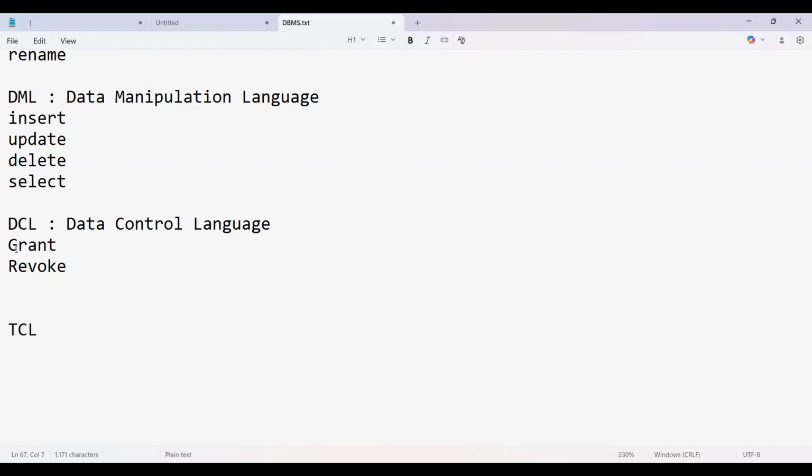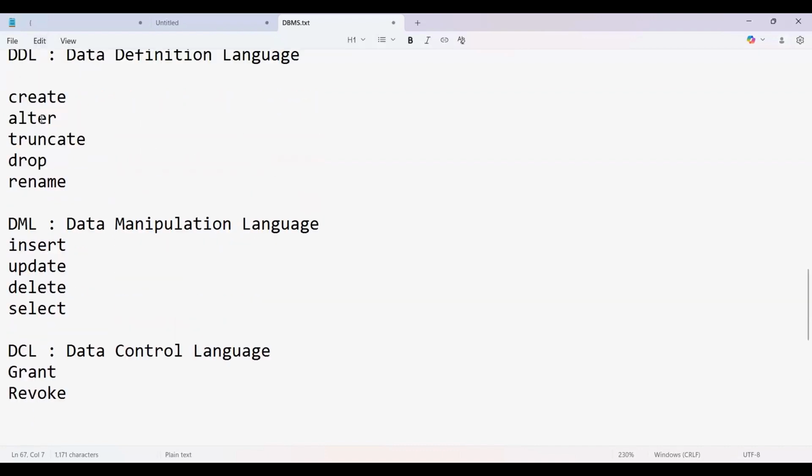So I tell the person who gives access my information or ID, and then he provides access to that particular database. Once you get access to the database, then you can do all these things, DDL and DML.